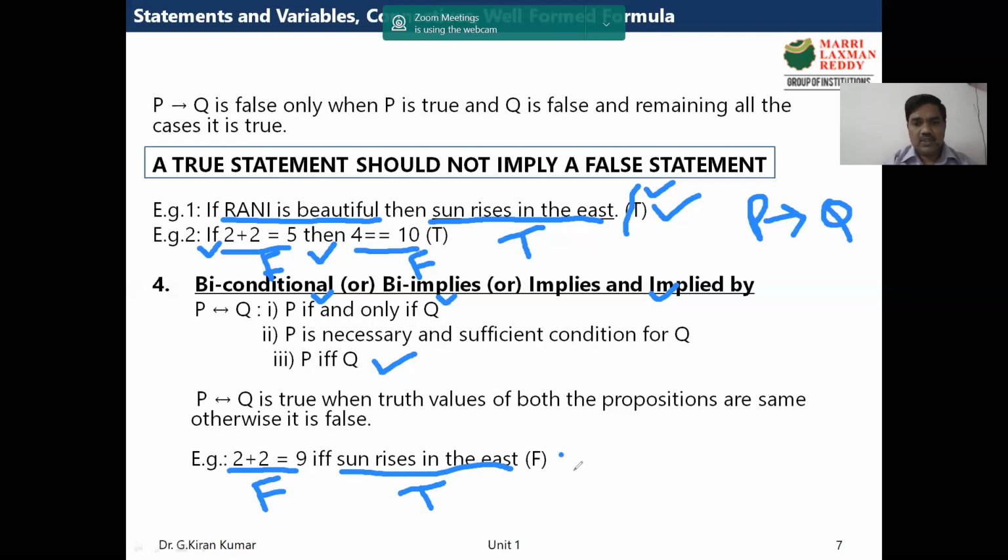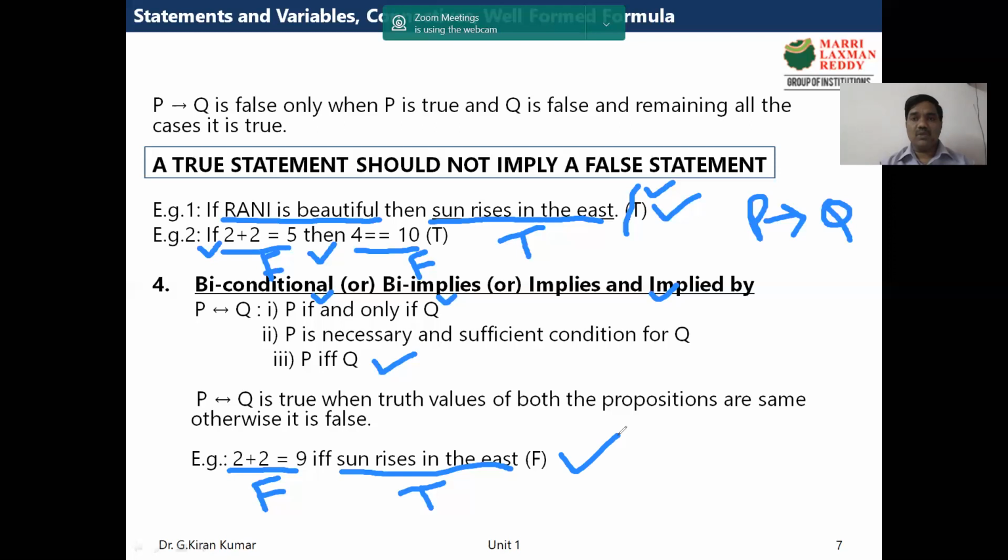This is how we evaluate the truth value of statements when connectives are involved. If it is a single proposition, we see the statement and decide whether it is true or false. But if two propositions are connected with a connective, I evaluate the truth value of the complete sentence based on the truth table of that particular connective.